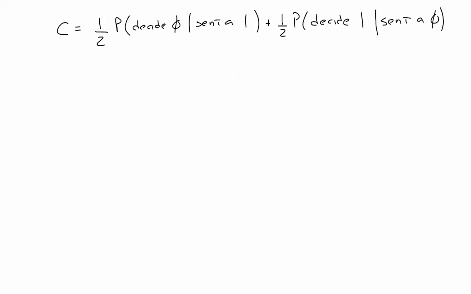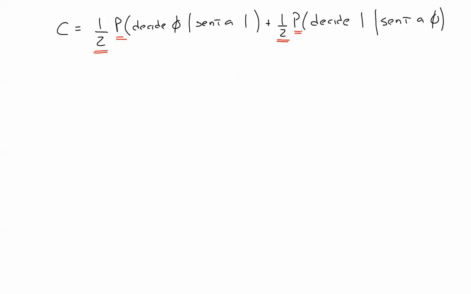The next thing I want you to notice is that this half is the probability of transmitting a 1. This is the probability of transmitting a 0. And here I have conditional probabilities.